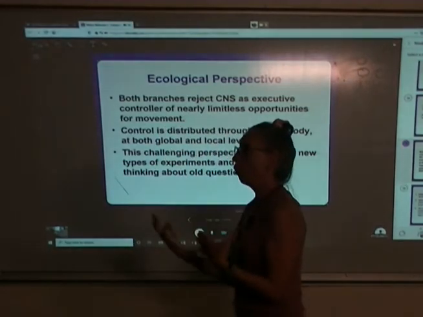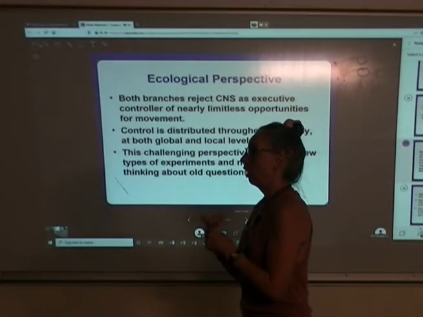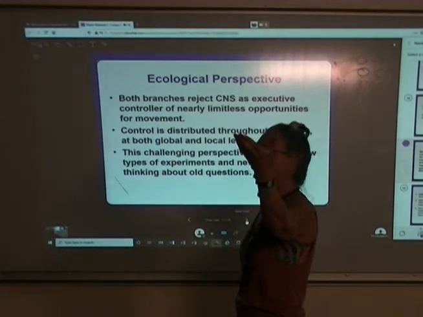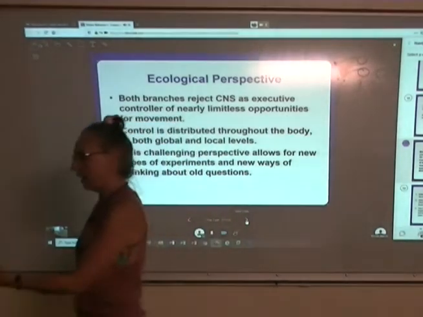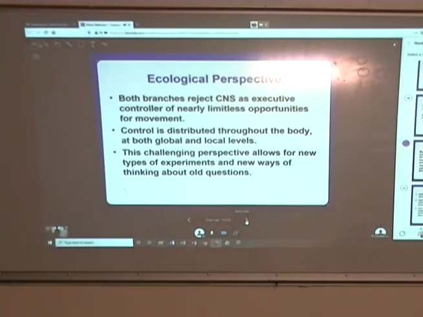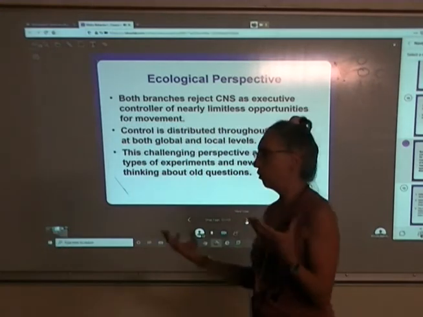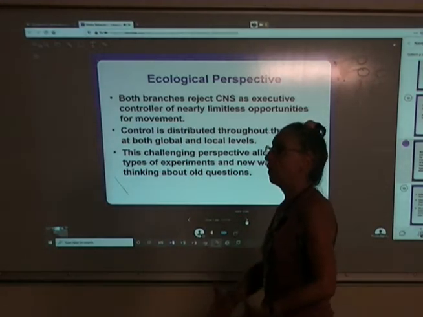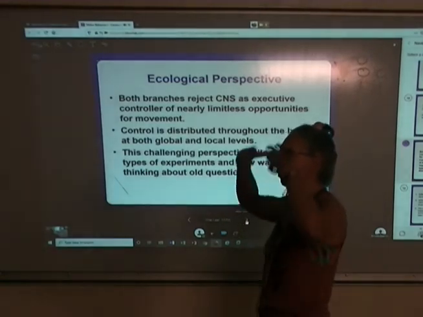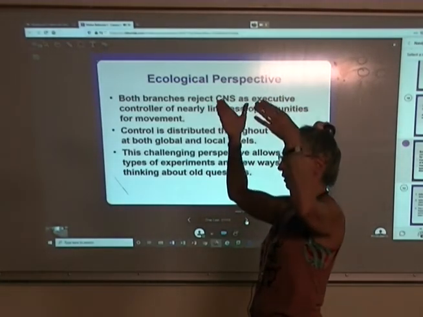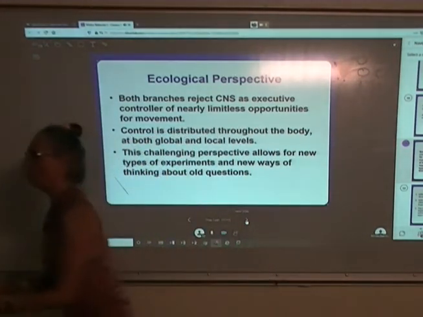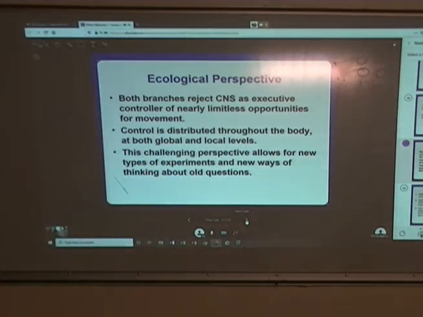So if I'm walking down the road in Portales, then I'm likely to step in a hole, right? And there isn't time for that sensory information to go all the way up to the brain, for the brain to make a decision, send all that information all the way down, for me not to fall over when I go down the hole, right?